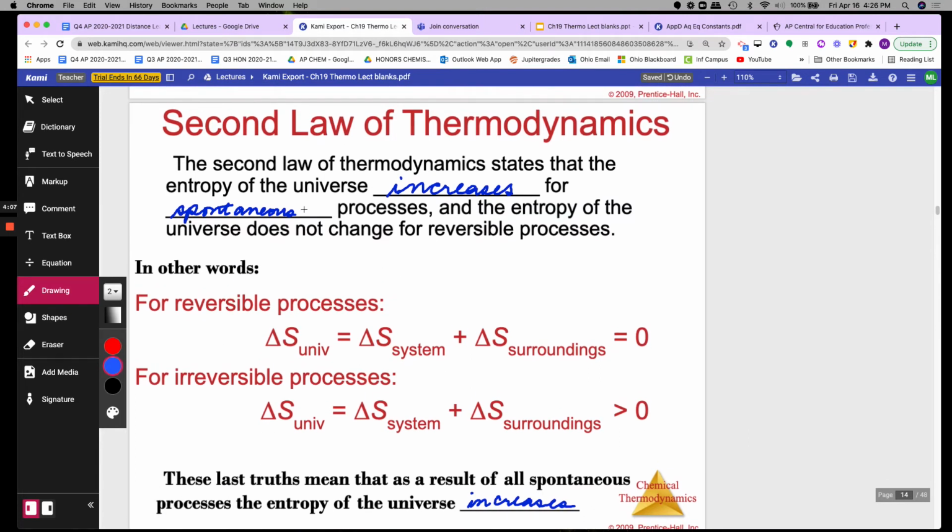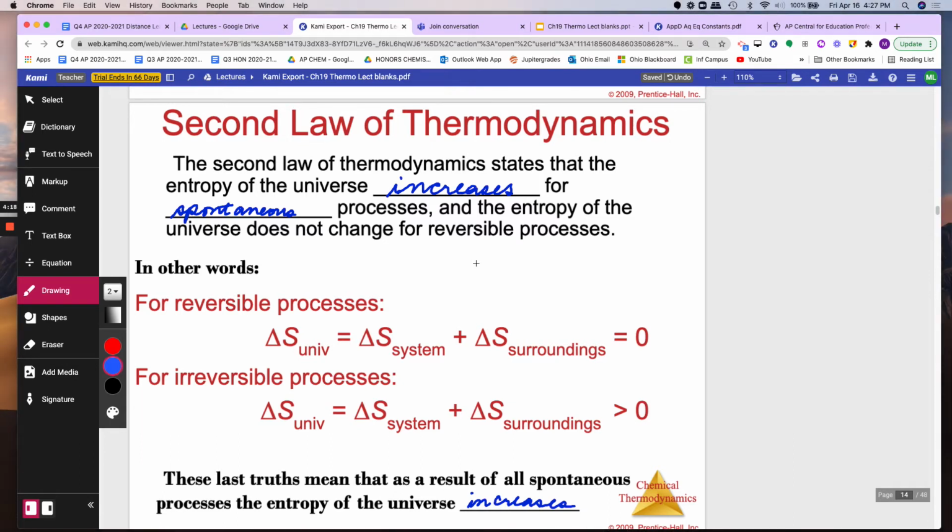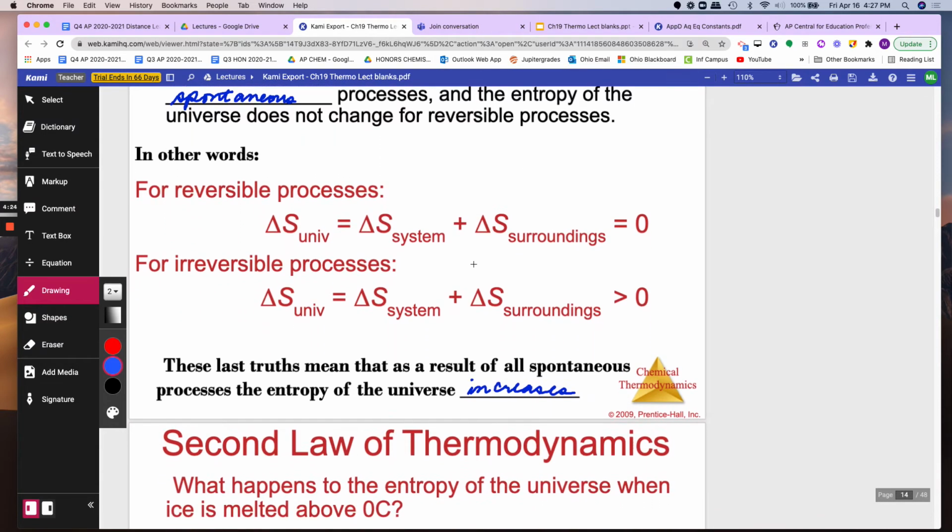So the second law of thermodynamics states that the entropy of the universe increases for a spontaneous process. So for every spontaneous process that happens right now on Earth, our universe's delta S is changing, and it's always increasing. Let me show you what I mean by that. If the delta S of the universe is 0, that means you have a reversible process.